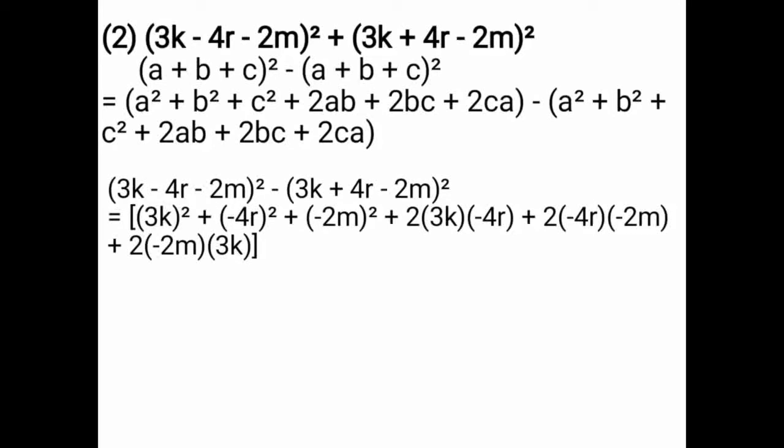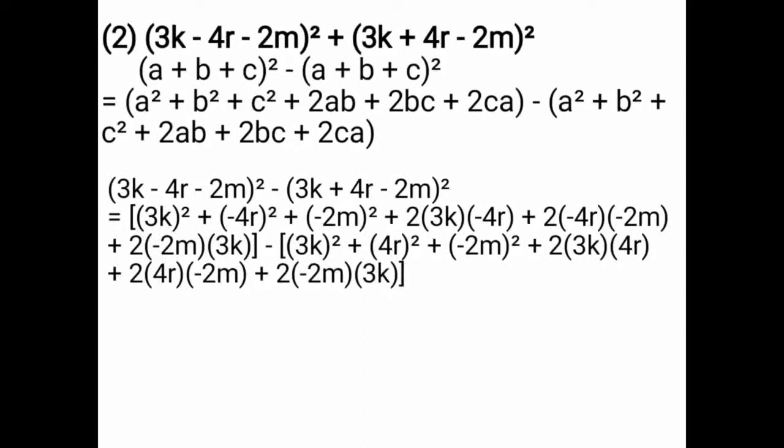Now you have to write the expansion form of (a + b + c) whole square in the second bracket. Don't forget to put in between which sign is there. Minus in bracket (3k)² + (4r)² + (−2m)² + 2(3k)(4r) + 2(4r)(−2m) + 2(−2m)(3k).